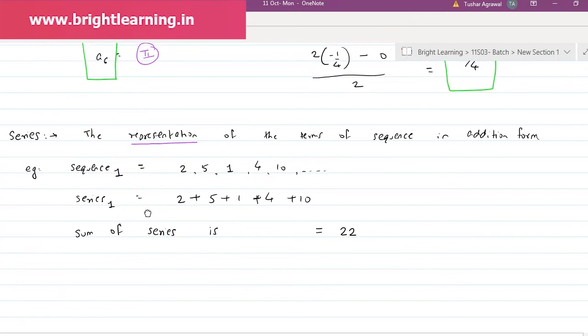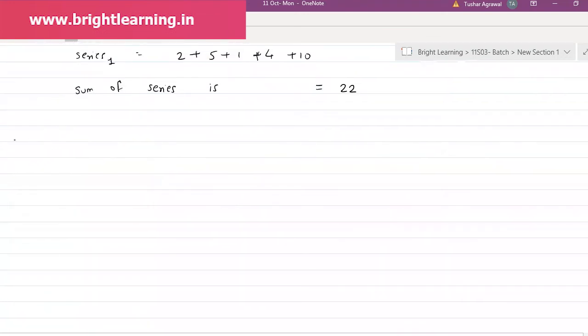Now we will start with arithmetic progression. In short, it will be represented by AP. So what is arithmetic progression? A definition we have already seen in 10th standard. A lot of part was already covered in 10th standard.